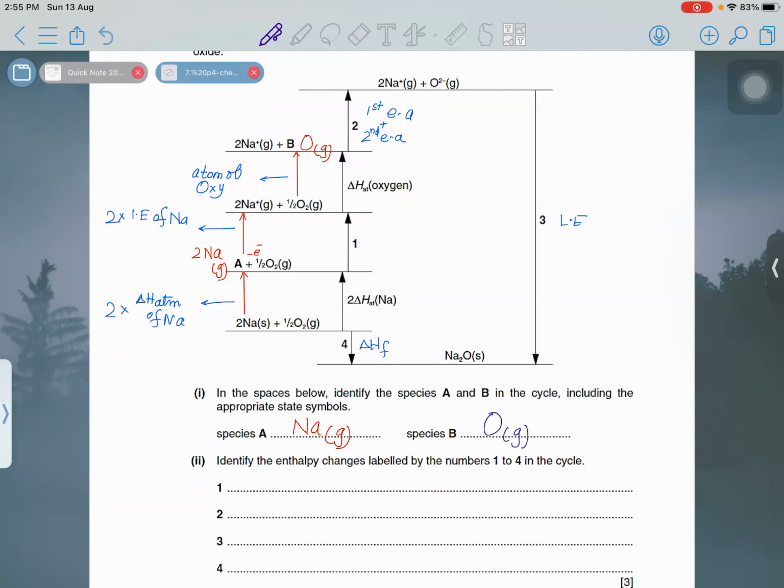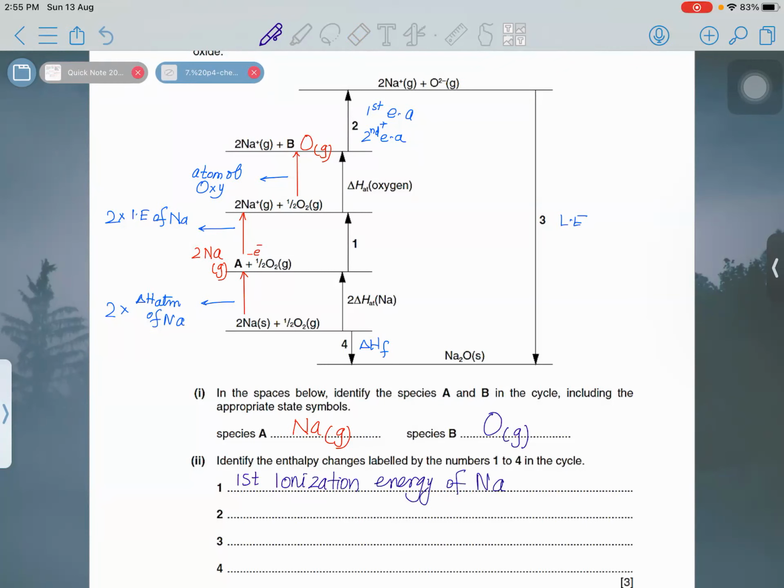Now what is 1? It's the first ionization energy of Na.